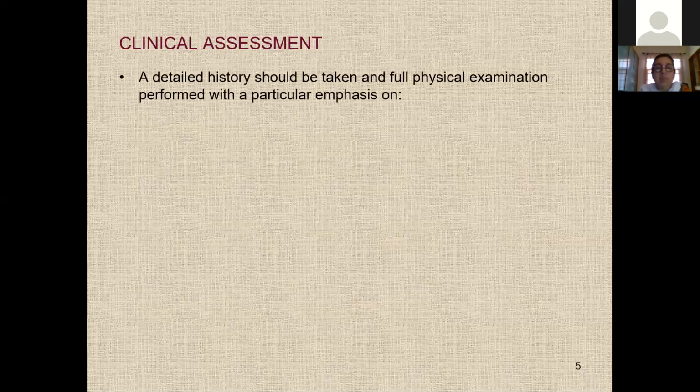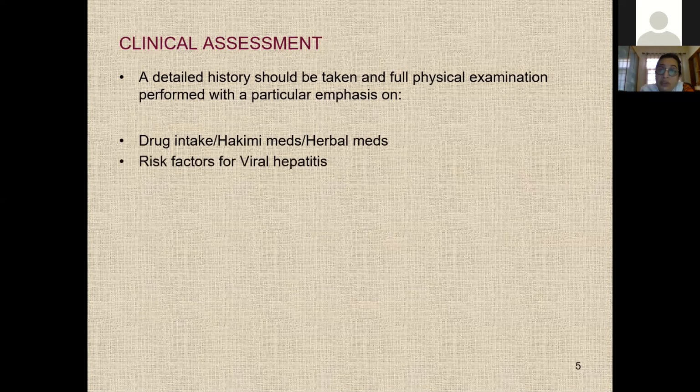Drug intake, Hakimi meds, herbal medications, we need to rule out because this is very common in this part of the world. And we have to rule out whether the patient is taking a Hakimi or herbal medication. These medications are available over the counter. Risk factors of viral hepatitis, alcohol consumption, so a good history will give you the key.